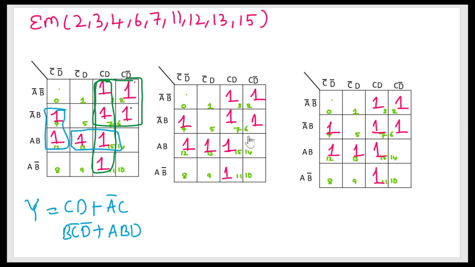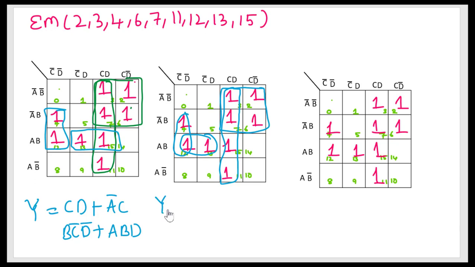Now we'll try to see the second K-map. In this also I am going to form the same quads because there is no other possibility to cover these 4 ones. Similarly these 4 ones, there is no other possibility to cover. Now I am going to form these 2 ones as a pair and these 2 ones as a pair. In the previous case we considered these 2. Now we are considering these 2 as a pair.